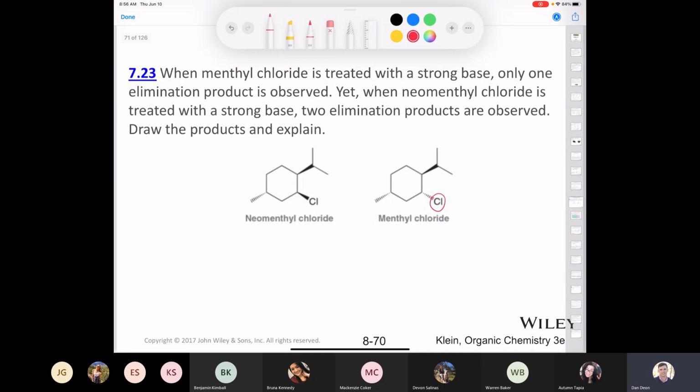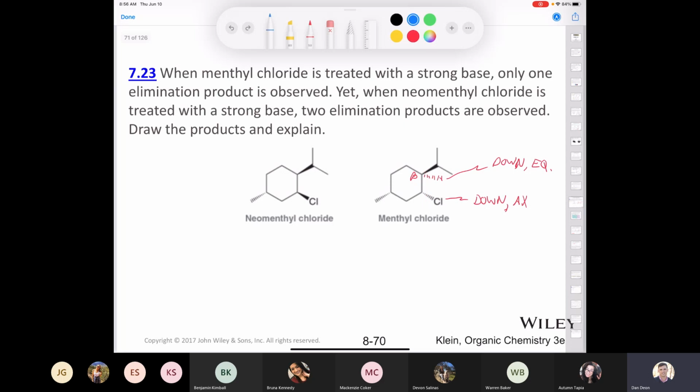If this chlorine in menthol chloride only gives us one product, and it is down, in order for it to be eliminated, it has to be down and axial. Let's take a look at this beta carbon, and this beta carbon. The one that I have here in red, if the hydrogen is going down, that means it's down and equatorial. So no elimination will occur. You will not get a double bond here.